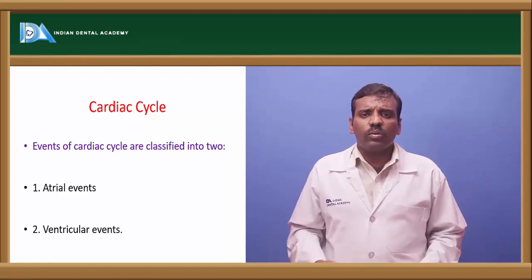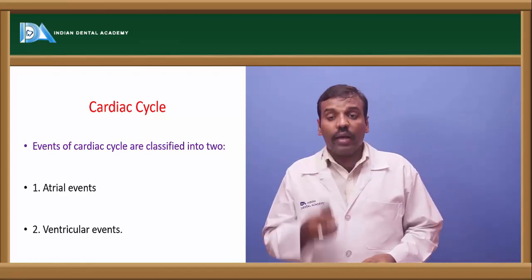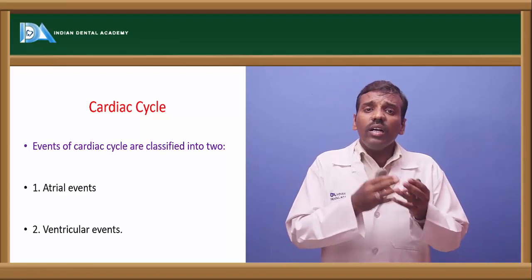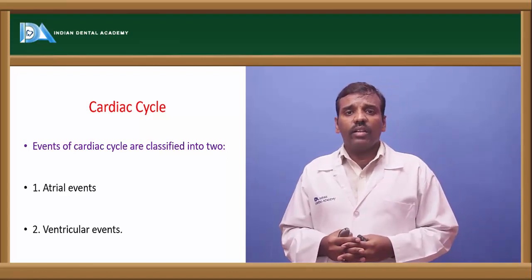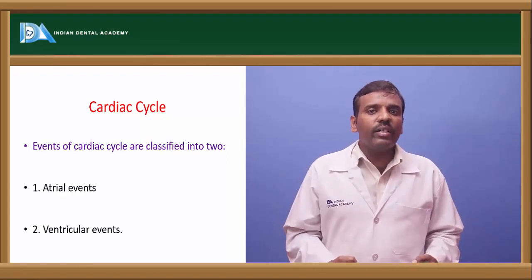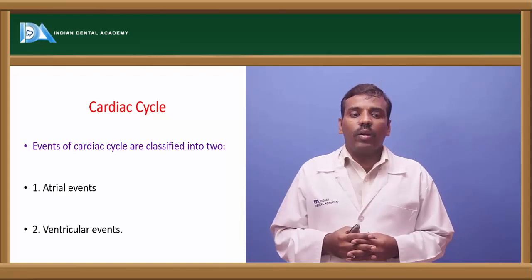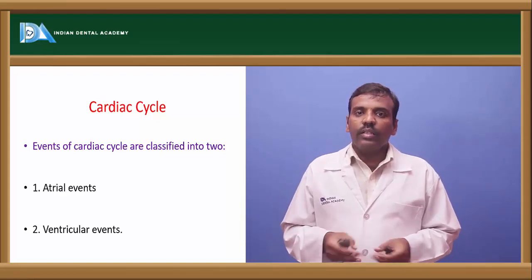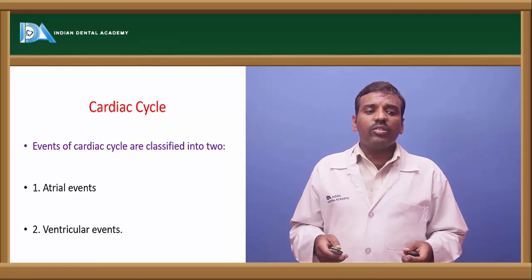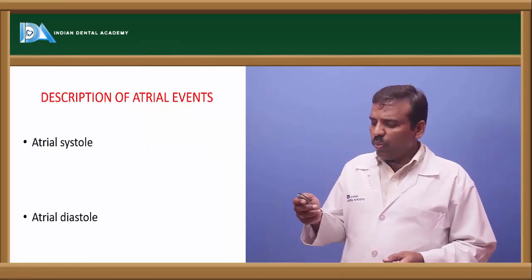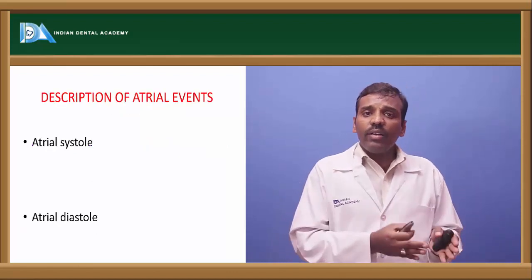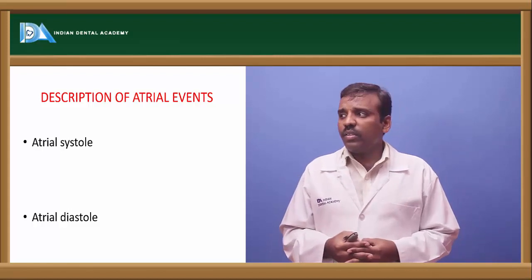All this process is what we call the events in the cardiac cycle. So there are atrial events and, at the same time, ventricular events. The cardiac cycle is majorly divided into atrial events and ventricular events.